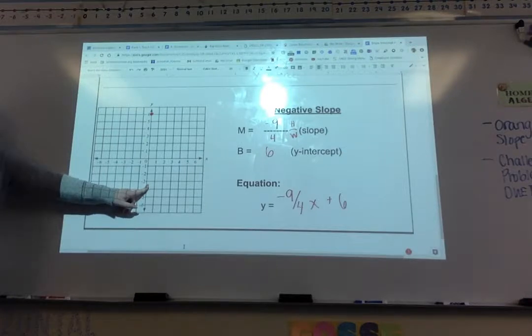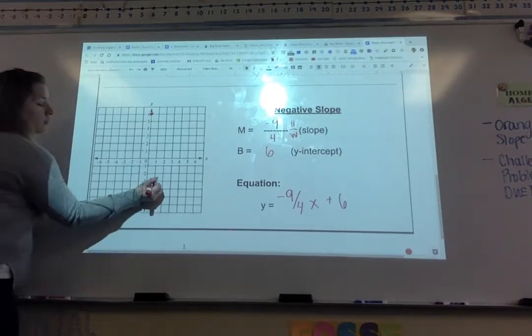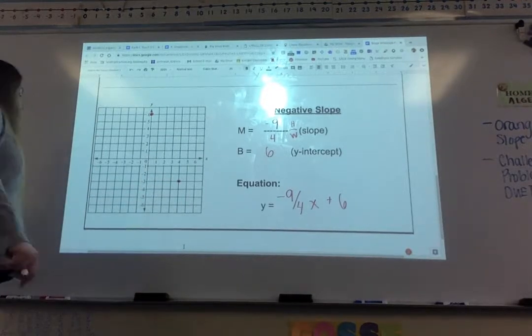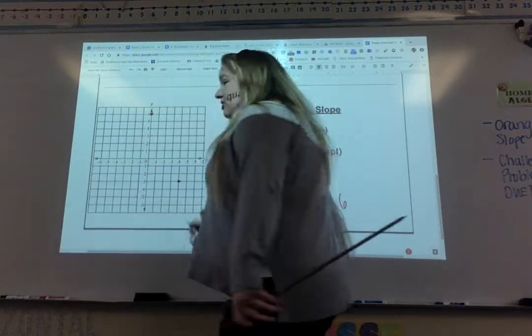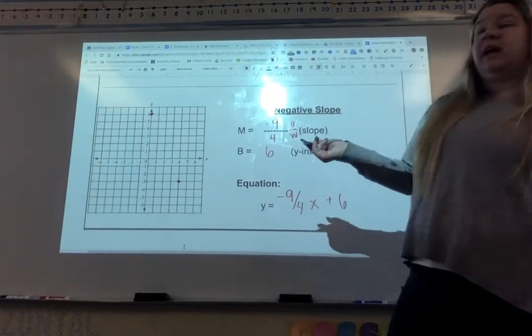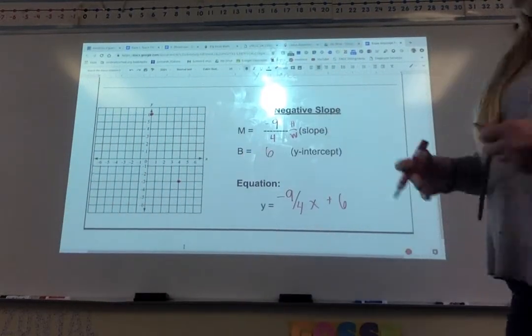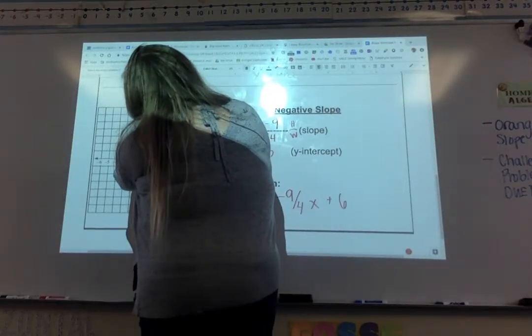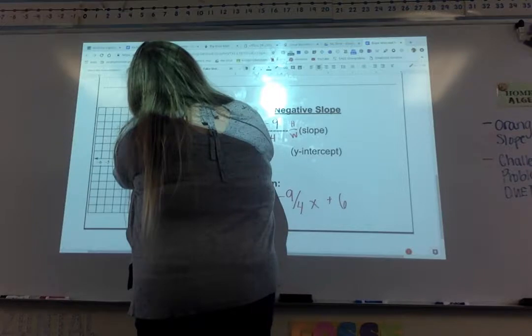This is a positive 4, okay? 1, 2, 3, 4. And now, because I can only fit these 2 points on my graph, I'm not going to worry about plotting more if I could, because I can't. So I'm going to connect these now with a straight line.